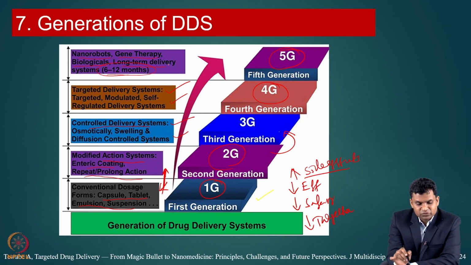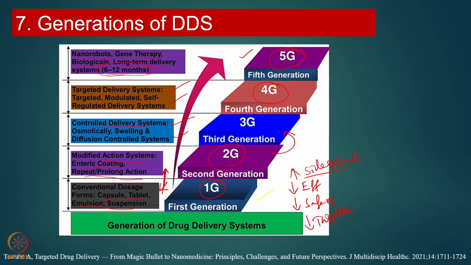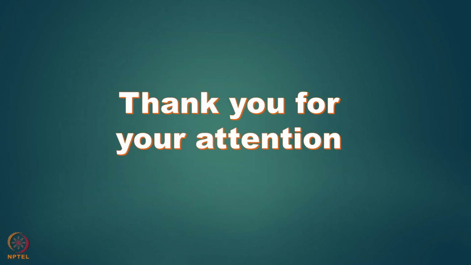Here also we use various nanocarriers as well as gene therapy, and nowadays we know that CRISPR technology, exosomes, and mRNA vaccines all come into the fifth generation. So, these are the various generations that scientists have developed based on the limitations of the conventional systems.